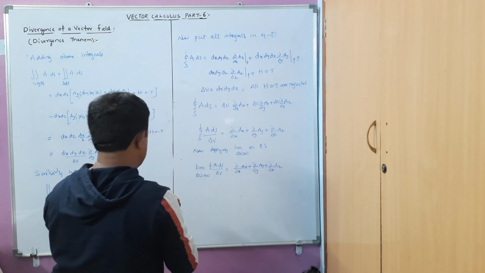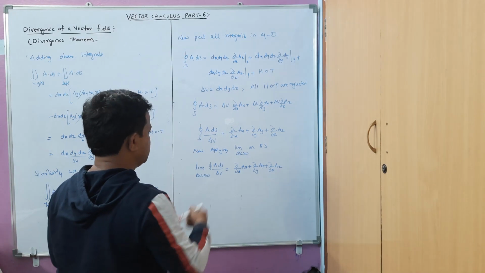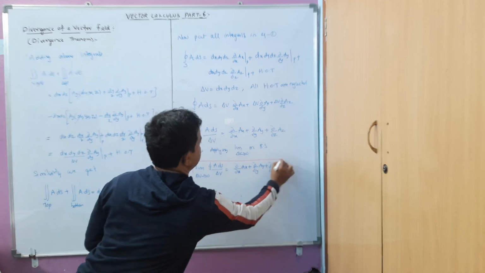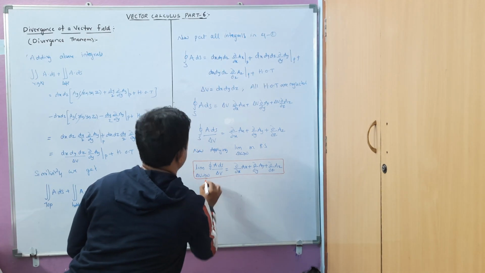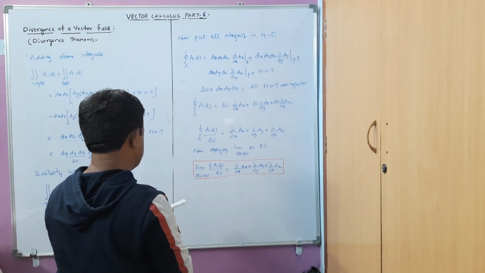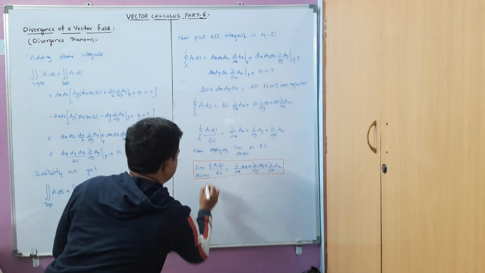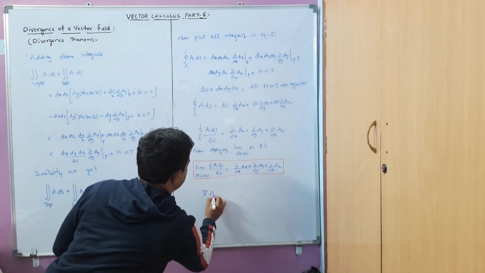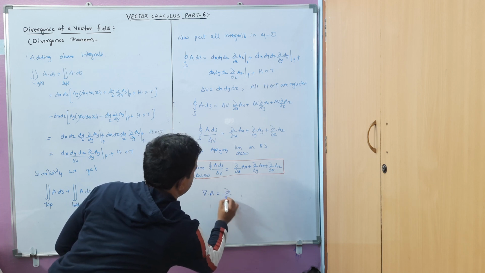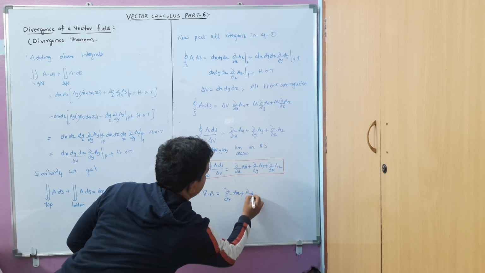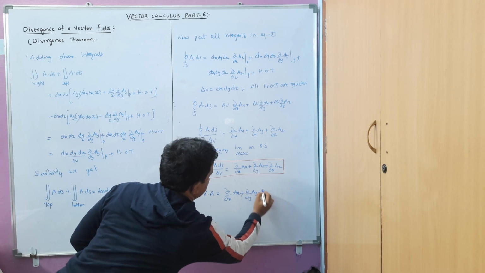So this is the main equation that we get for the divergence of the vector field A. From equation 1 we can write del dot A is equal to dou by dou x of ax plus dou by dou y of ay plus dou by dou z of az.